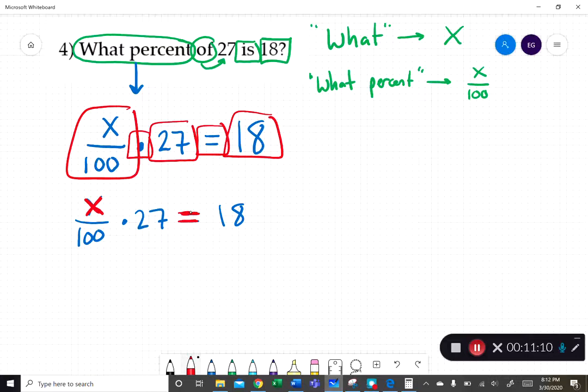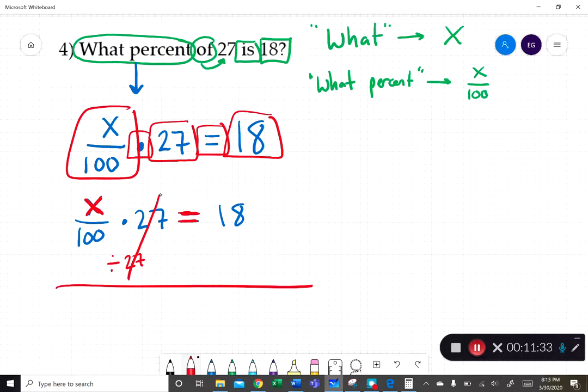So how do we remove times 27? Well, what's the opposite of times 27? The opposite of times is divide. So if we take the left-hand side of the equation and divide by 27, times 27 and divide by 27 will cancel each other off.